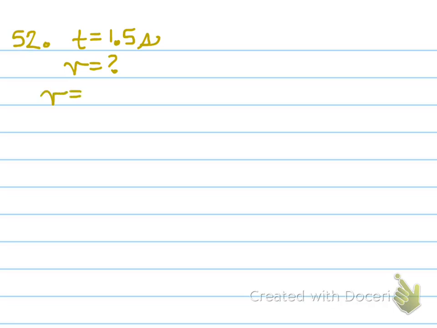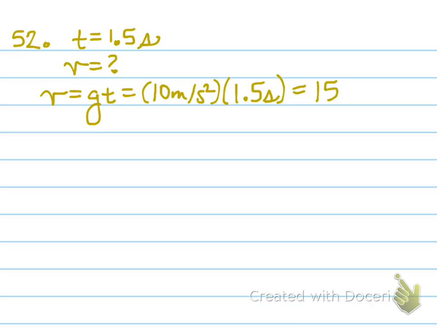So our velocity equation is g times t. 10 meters per second squared for our acceleration due to gravity, times 1.5 seconds. 10 times 1.5 is 15 meters per second, and again, it's moving downward. So our velocity would be 15 meters per second downward.